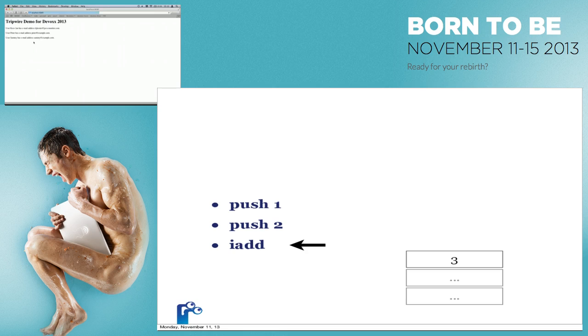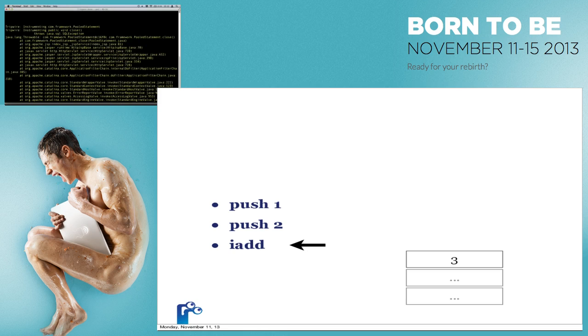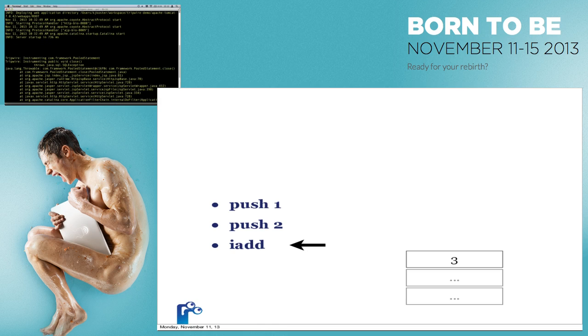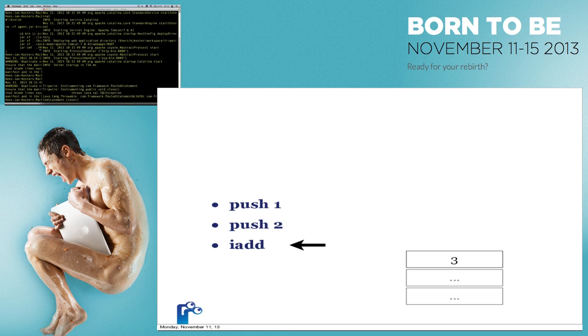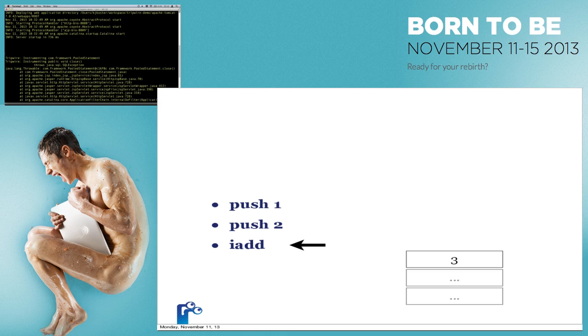Refresh the screen. Haha. It worked. Sorry about that. Here it says I'm instrumenting this code, and then there's this throwable of the actual invocation of the close method on the prepared statement, right? Same thing as we did with Javassist, but with BCL.